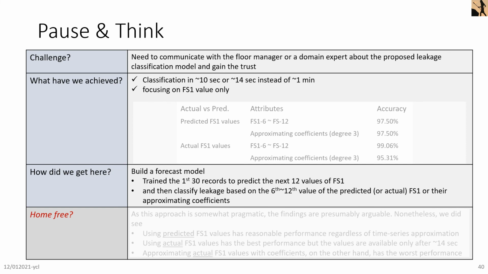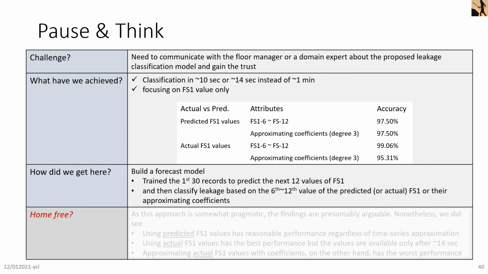So what we have achieved is that we run different configurations, and these approaches are done in 10 seconds or 14 seconds instead of 1 minute, right? And we focus on the FS1 values, and we come up with the accuracy. The range is, for example, here, the accuracy is from 95 to 99, right?